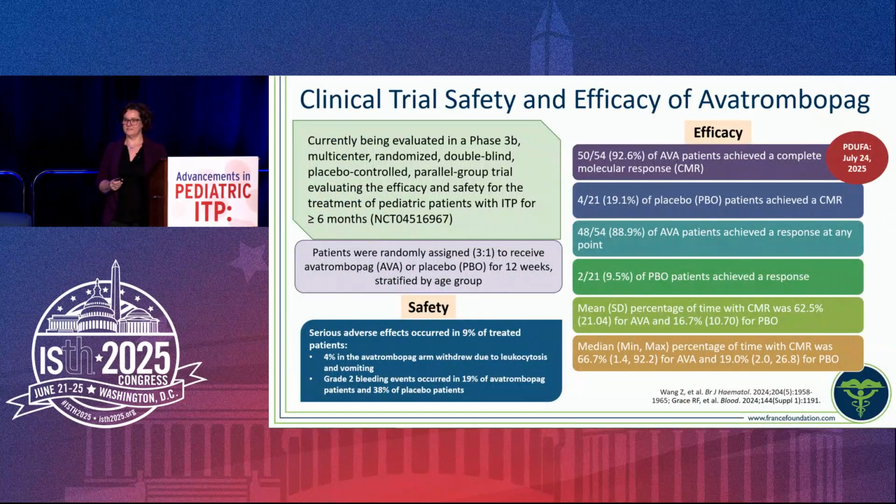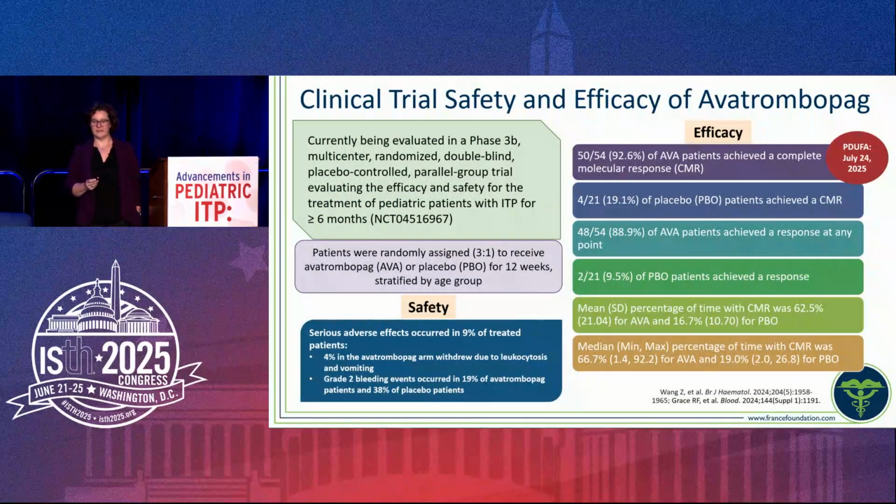Okay. So avatrombopag has actually completed a phase 3b multicenter randomized double-blind placebo-controlled parallel group trial, and it was for pediatric patients who had ITP for greater than or equal to 6 months. They were randomly assigned 3-to-1 to receive AVA or placebo for 12 weeks and stratified by age group.